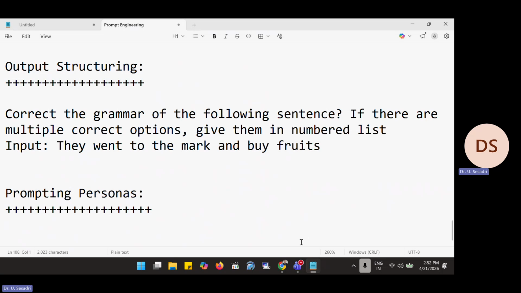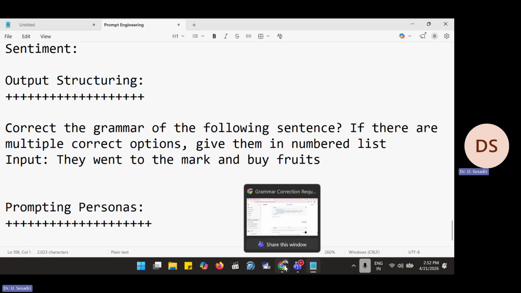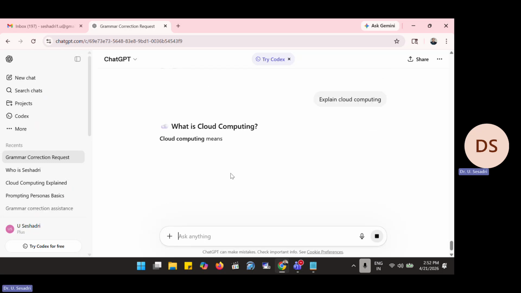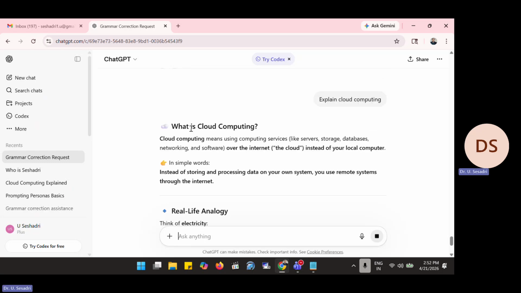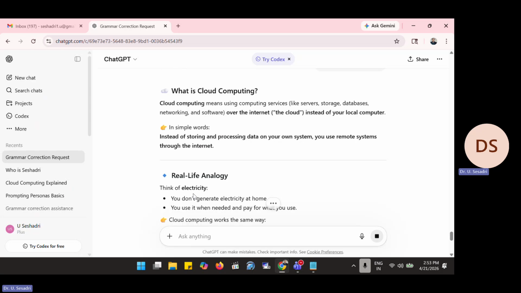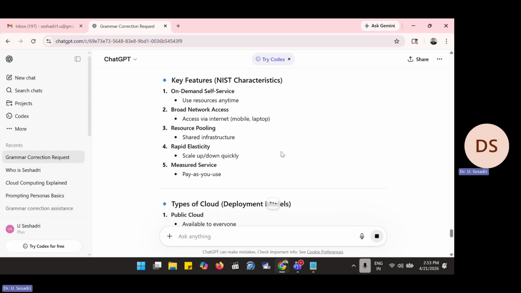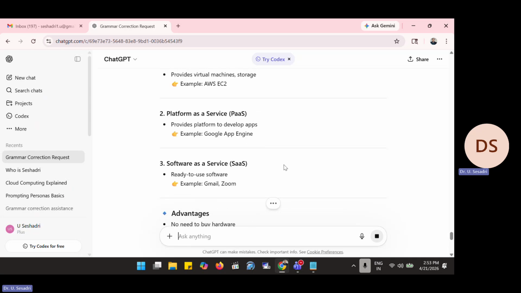Without a persona, I give the input like this: explain cloud computing. When I give this, it provides the result: what is cloud computing, a real-life analogy, the basic idea, the key features, and the types with their perspective.